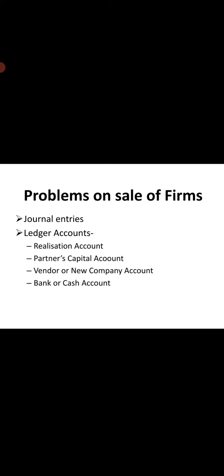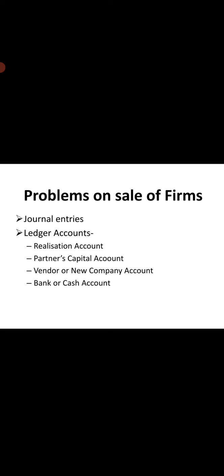As the purchase consideration is 95,800, the new company paid half in cash, that is 50%, which amounts to 47,900, and the balance 50% in shares, 47,900. So the total amount is 95,800 rupees payable by the purchasing company to the firm. We have calculated both the purchase consideration and the discharge of the purchase consideration.